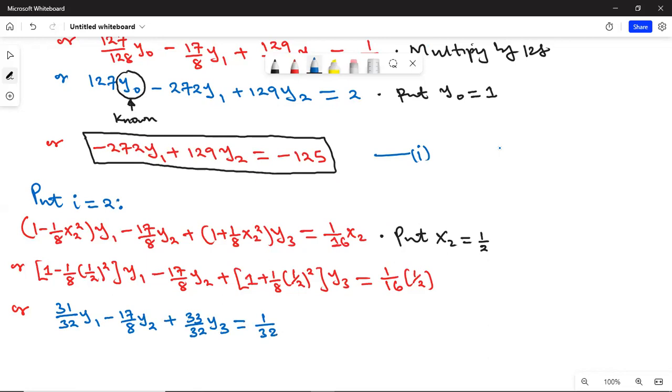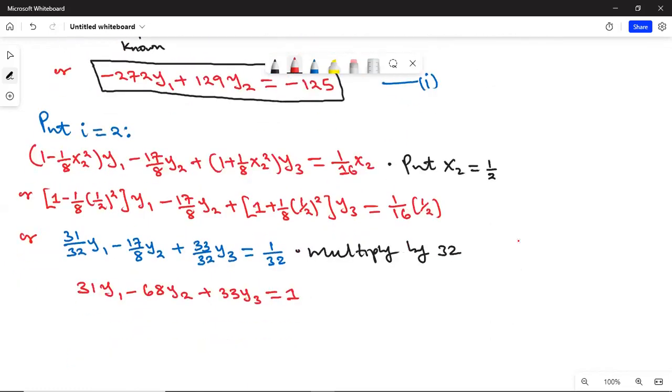So we can multiply through by 32 to get 31 y1 minus 68 y2 plus 33 y3. That should give us 1 on the right hand side. We don't know y1, y2, and y3, so this will form our equation 2.